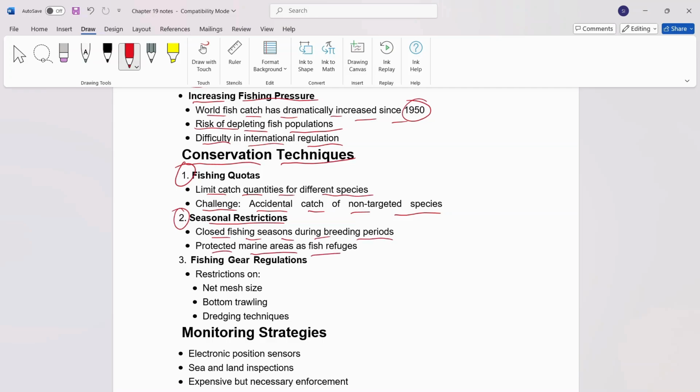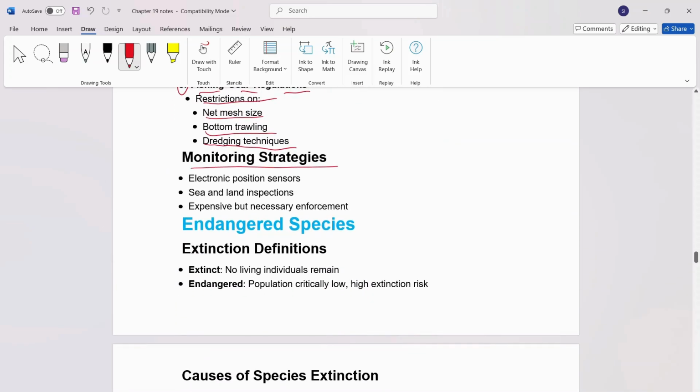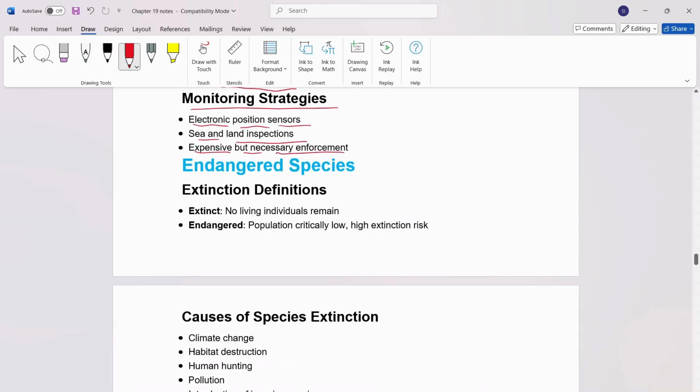Then protected marine areas as fish refuges, and fishing gear regulations, such as restrictions on net mesh size, bottom trawling, and dredging techniques. Monitoring strategies could be electronic position sensors and sea and land inspections. Expensive, but we necessarily have to enforce them.